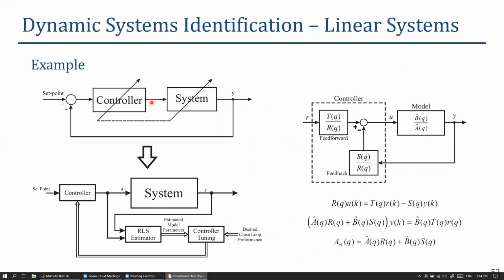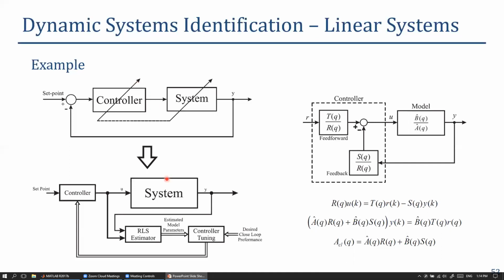And then when the operating point changes, the dynamics of the system change. So the controller needs to change together with it. If not, then the parameters of the controller would not be suitable for this new operating point anymore, and the quality of control would decrease. And in the worst case, the system would go unstable.